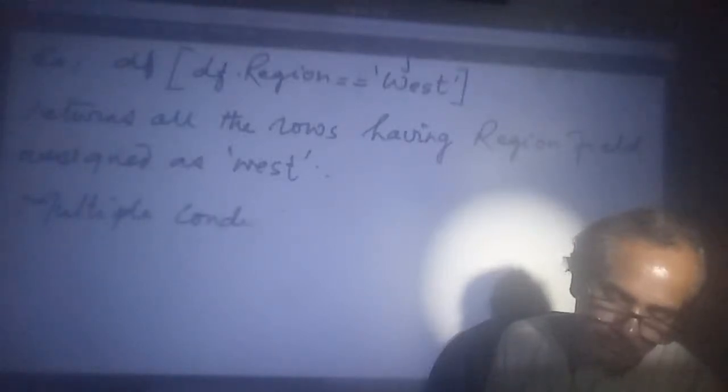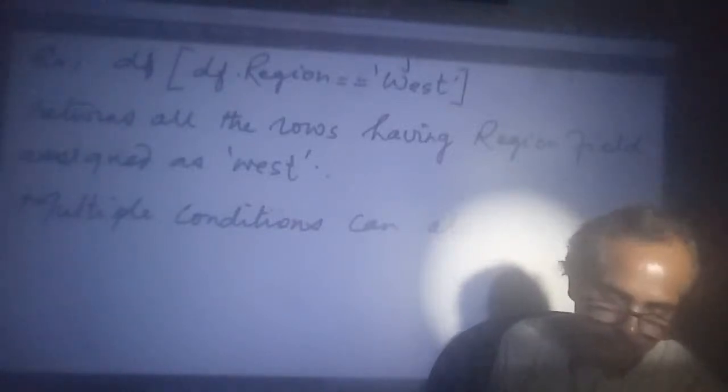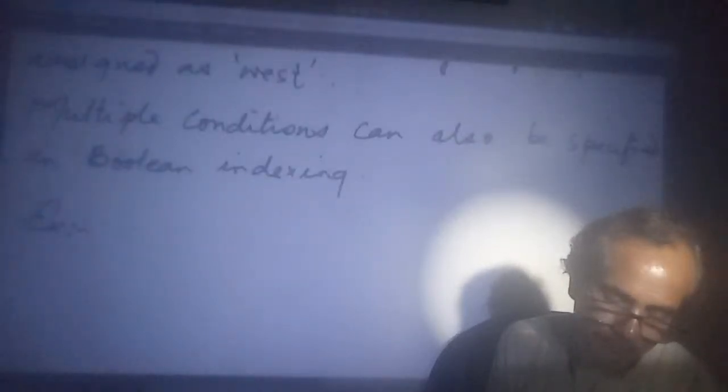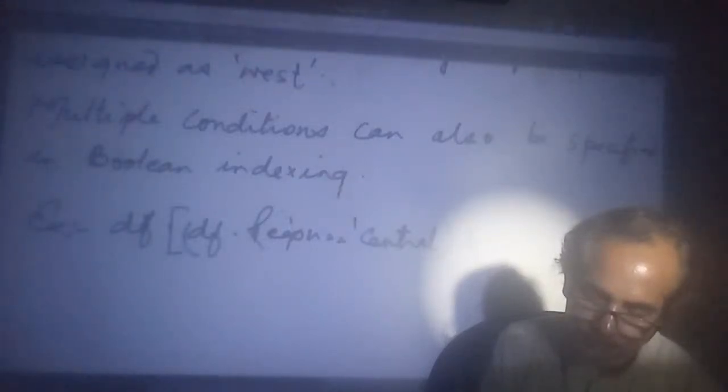Multiple conditions can also be specified in Boolean indexing, for example df.region equal central and df.total less than 200.